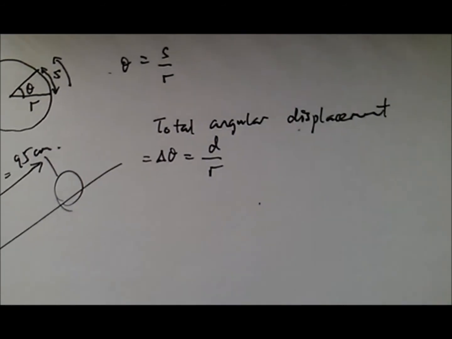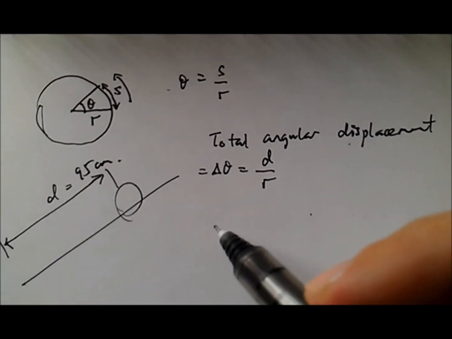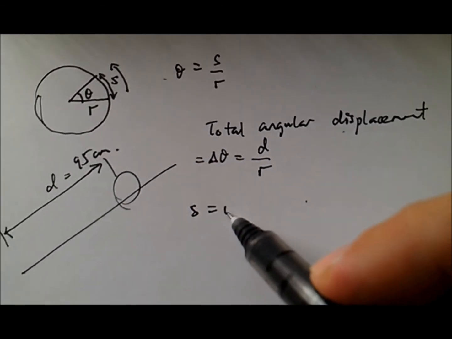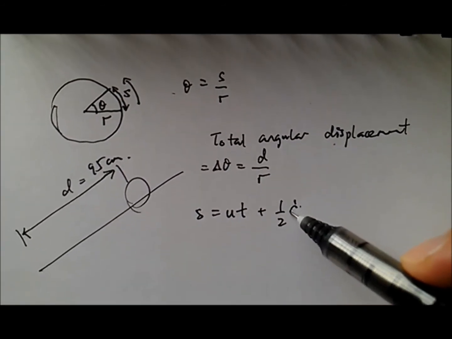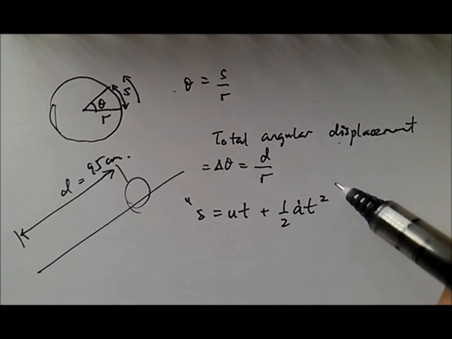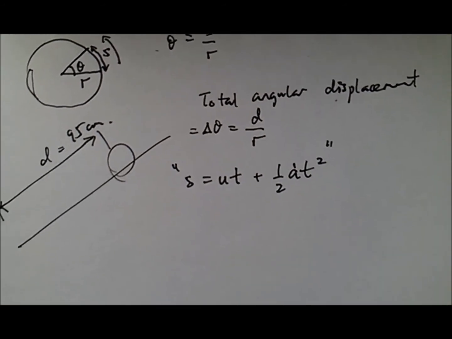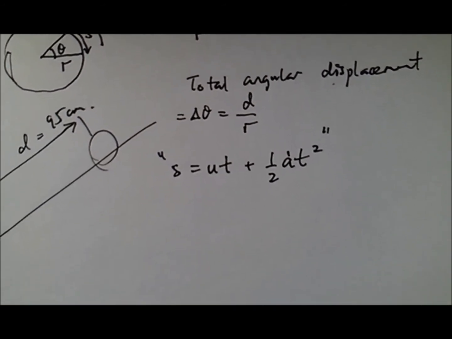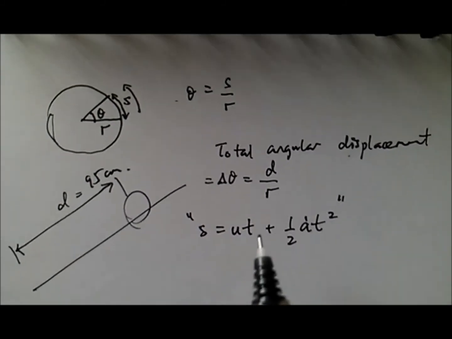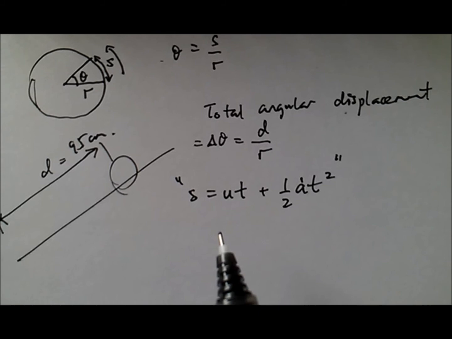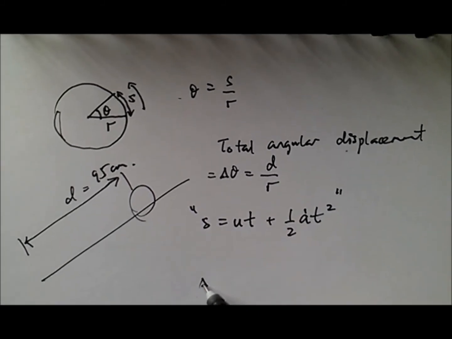If you go back to kinematics, I'm sure you are familiar with the formula s equals ut plus half at squared. We can also convert this linear formula into a rotational formula. Instead of linear distance, we talk about rotational distance, which in our case is delta theta.